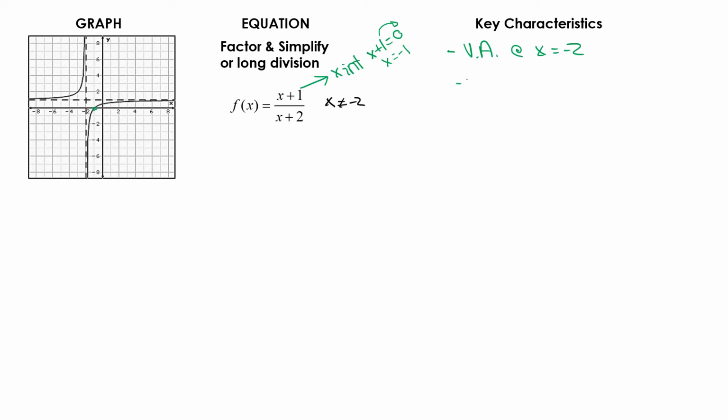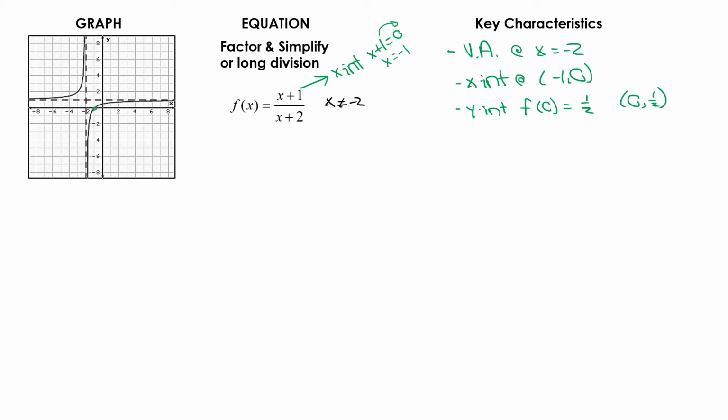We have an x-intercept at (-1, 0). So while we're on the topic of intercepts, let's do the y-intercept. That's when we sub in 0 for x, and we get 1/2. So we have a y-intercept of (0, 1/2).